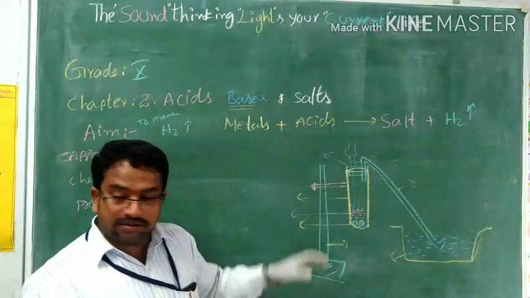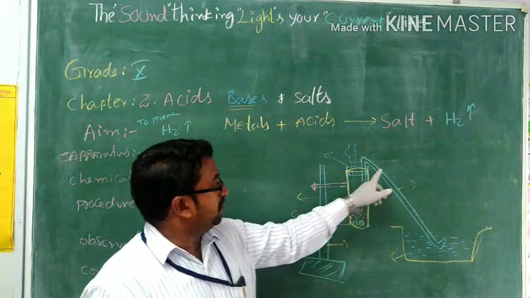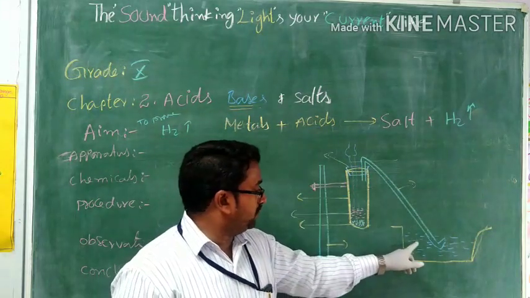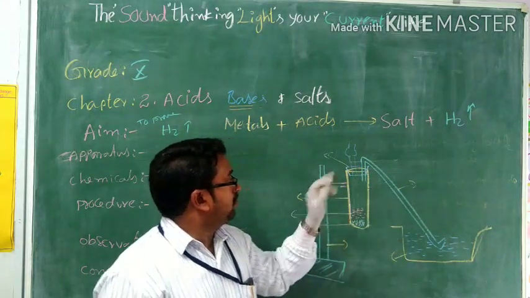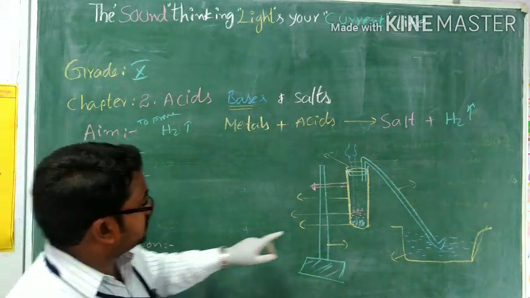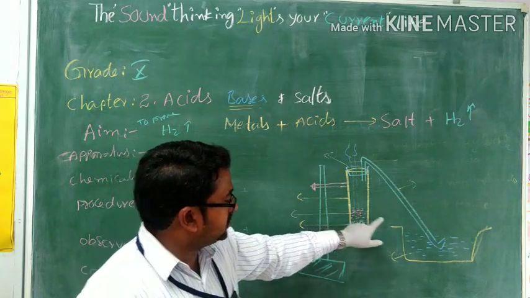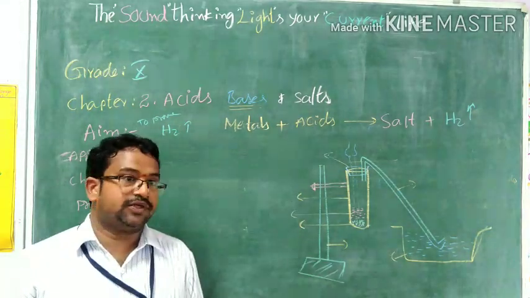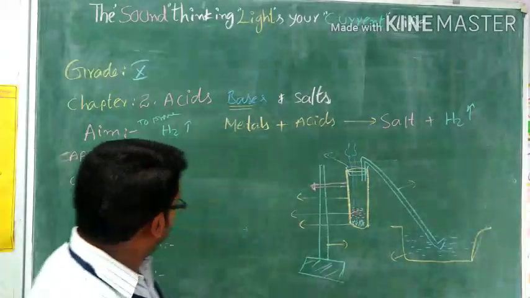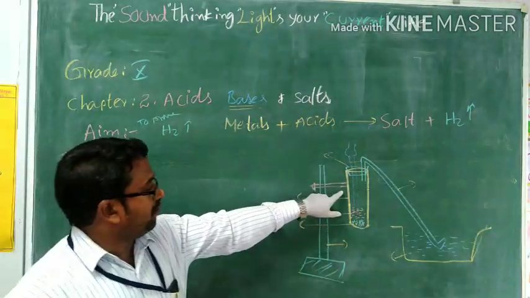Let us see once again. Retort stand, boiling tube, delivery tube, trough, monohole rubber stopper. These are the apparatus. And what are the chemicals? Zinc granules, diluted hydrochloric acid, soap solution. These are the chemicals. And we will separate them. Apparatus: retort stand, boiling tube.